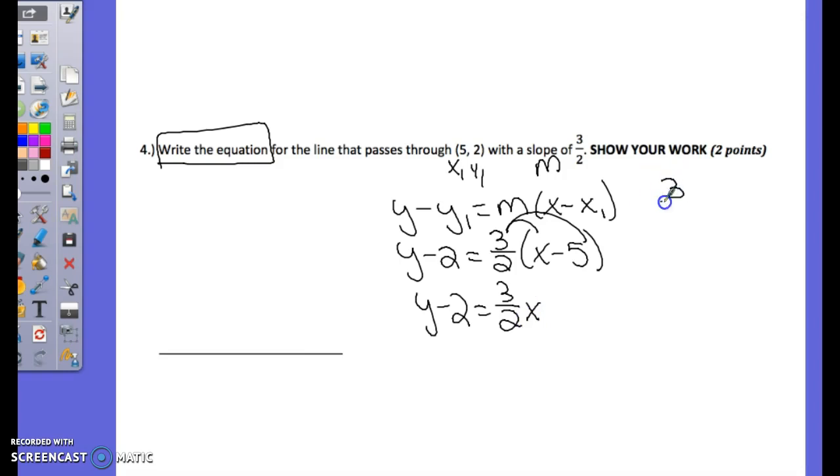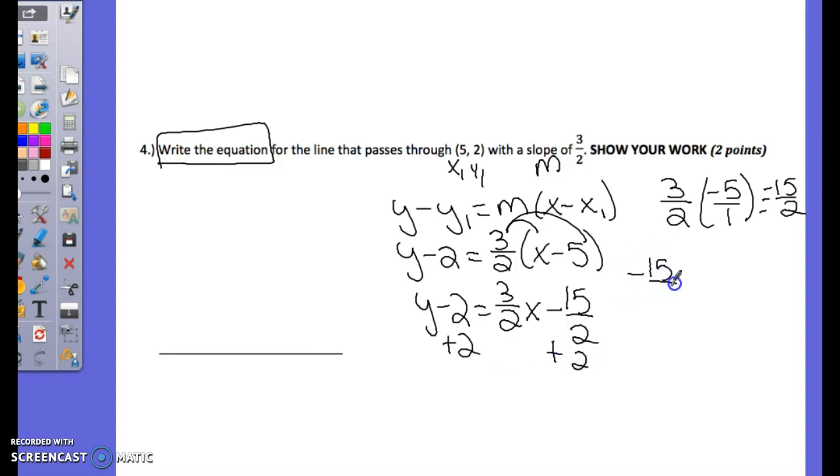Let's do the scratch work. 3 over 2, negative 5 over 1. You get 3 times negative 5 is negative 15 halves. So I'm going to say minus 15 over 2. Now we're going to add 2 to both sides. Again, let's do this in the scratch work. Negative 15 over 2 plus 2 over 1. Get yourself a common denominator of 2.